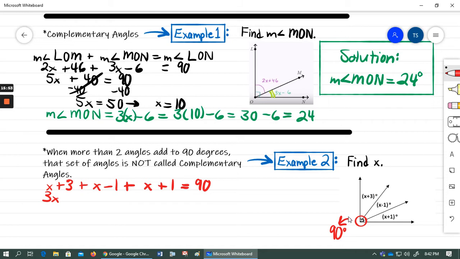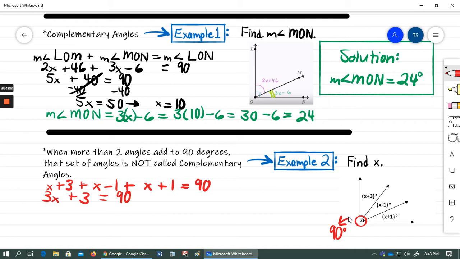When we combine those, we end up getting positive 3. All right, so on the left side of the equation, after combining our like terms, we end up with 3x plus 3, and then we still have this equation equals 90, right?